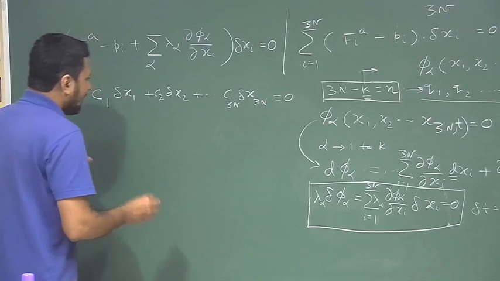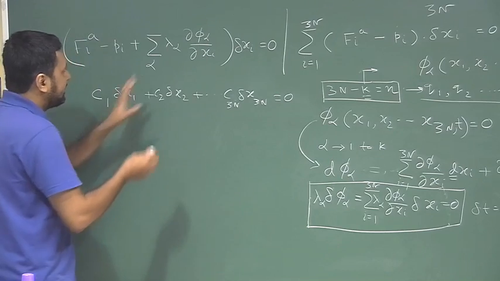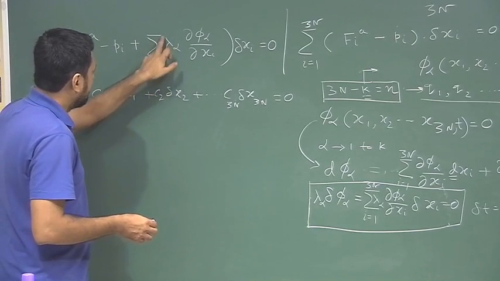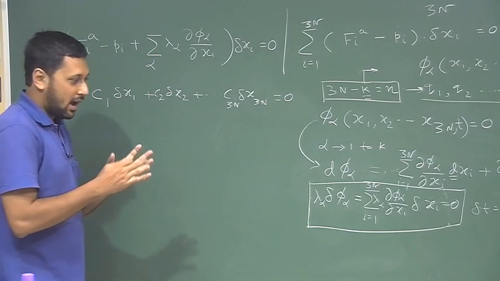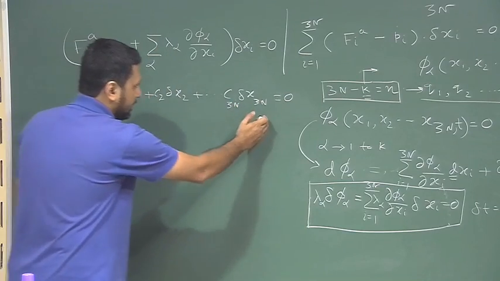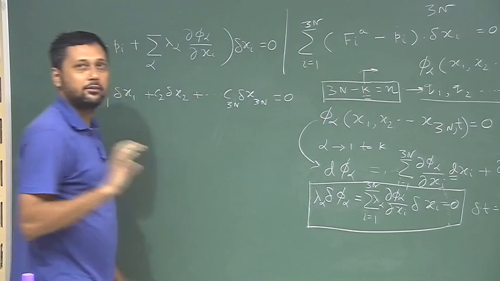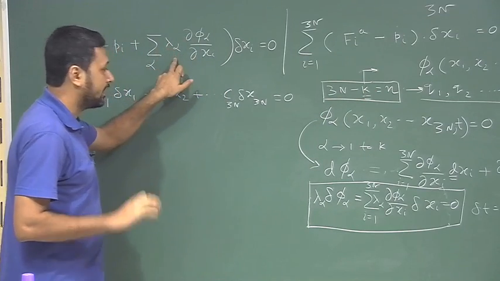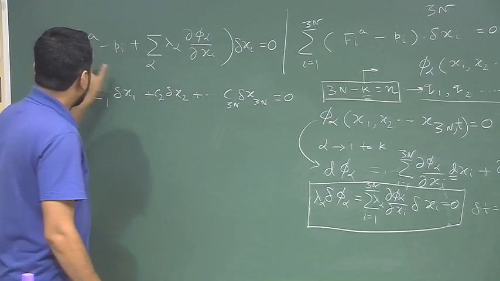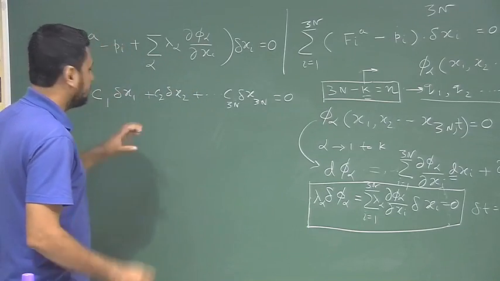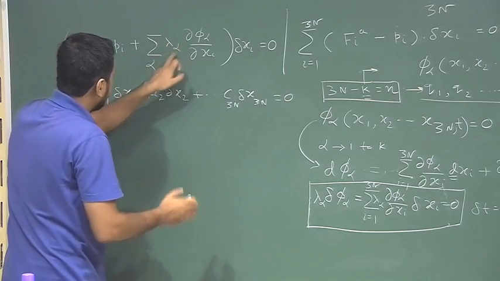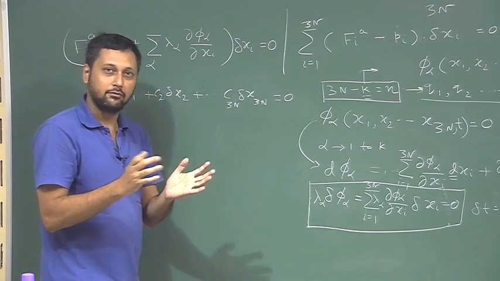But if we can adjust this lambda such that out of the total number, k number of coefficients automatically vanish. Please remember this lambda is an arbitrary constant. So, we can check the values and adjust this quantity such that the total sum vanishes.